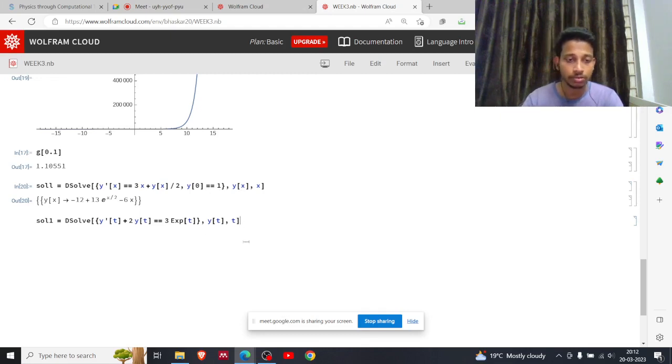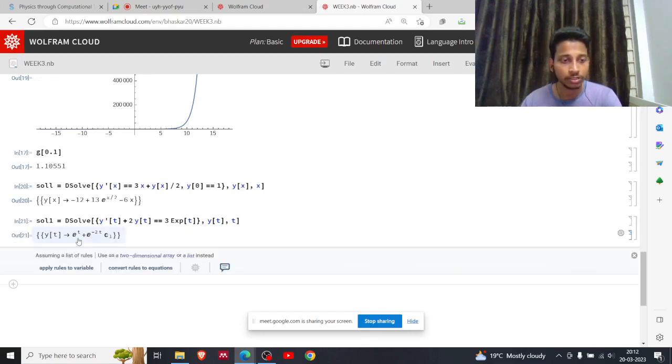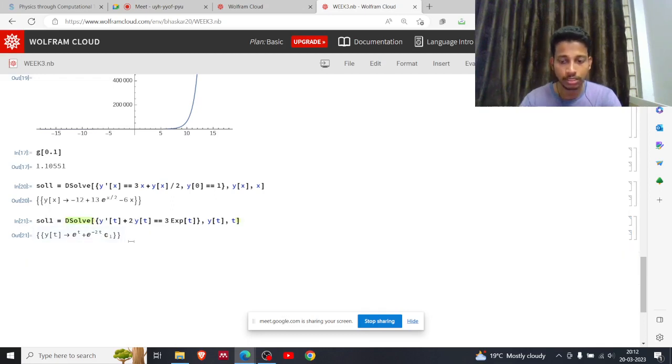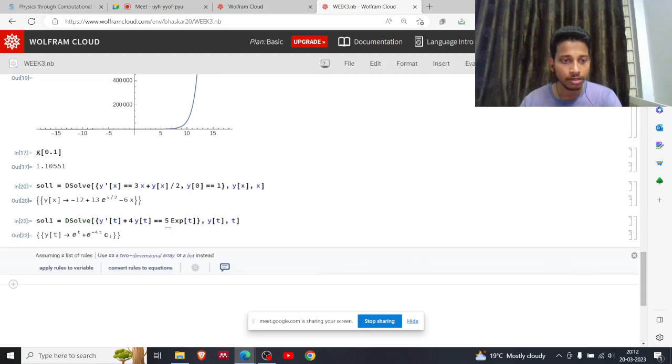So if I solve this one, it will be e to the t plus e to the minus 2t c1. Now this is the solution for this particular equation, but here what we can see is that there is a constant c1. So this is a parameter, like this is the general solution of this particular equation.